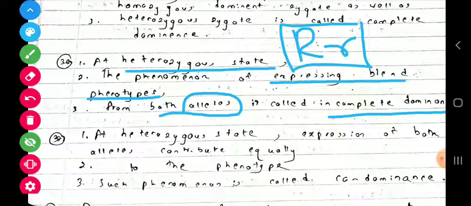Let's say capital R small r represents white, and capital R represents red. It is not any of those; an intermediate color comes. So at the heterozygous state, the phenomenon of expressing blend phenotypes from both alleles is called incomplete dominance.